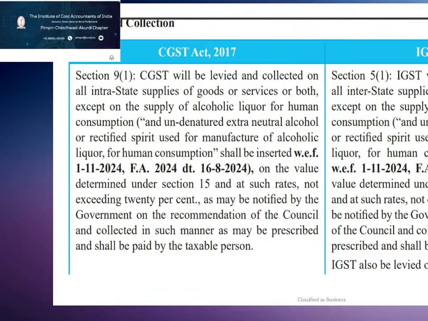He is not eligible to collect the TCS, and he is not required to maintain the records. He is not eligible to avail the input tax credit of GST, and he has to pay from his own pocket. So no online trading dealers, and he is not eligible to do the export business as well.